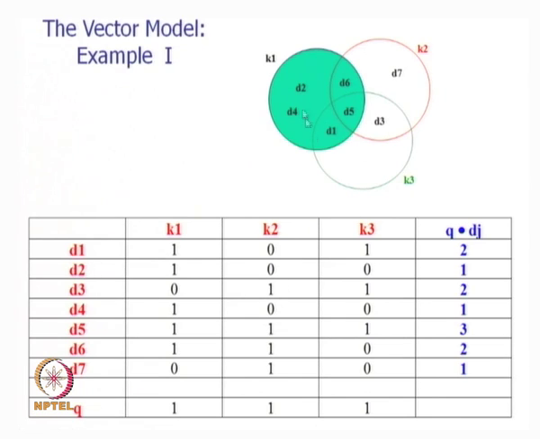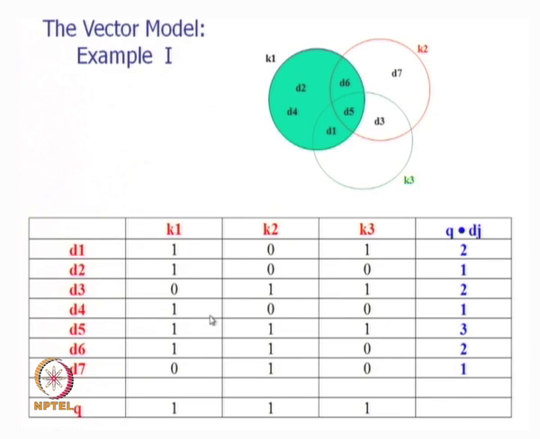Similarly, D2 we can see from here, D2 is only in the region of K1, it contains neither K2 nor K3. So, D2 is 1, 0, 0. D3 is shown as 0, 1, 1 because D3 is in the intersection of K2 and K3, K1 does not appear there. So, 0, 1, 1.